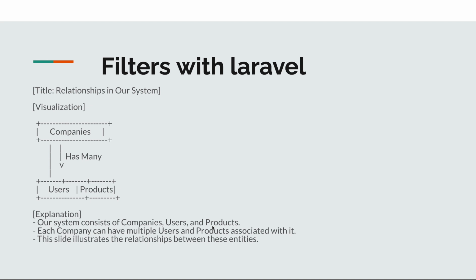Now, the idea here is for us to be able to filter by company, and we can filter users based on the company, and we can also filter products based on companies. We can have a lot of filters on just a single endpoint, where you filter a company name, and you filter if the user is online, those users that are online that belong to this particular company, and all.